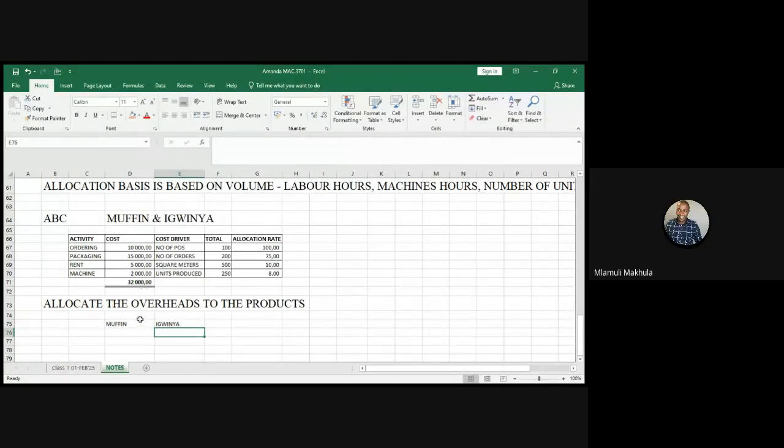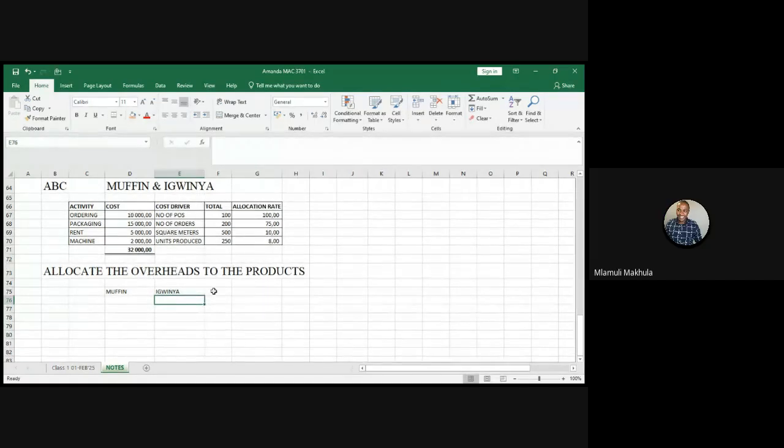As an example, remember what was driving this ordering cost? It was the number of purchase orders. Let's say for muffins we had 60 purchase orders, and for vetkoek we had 40.